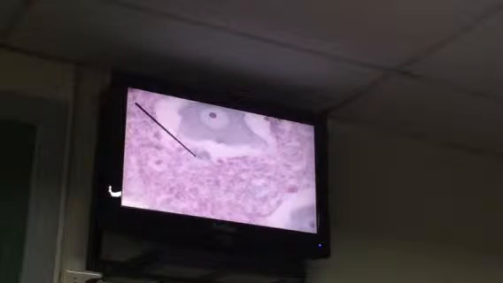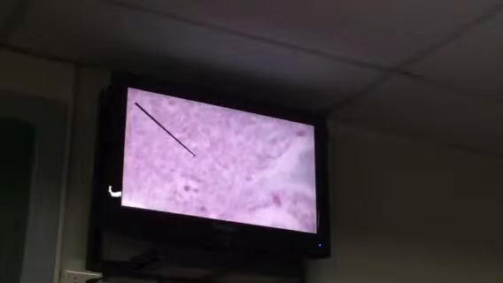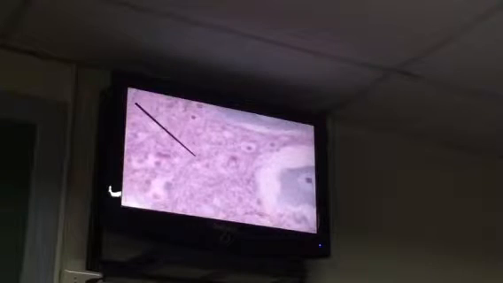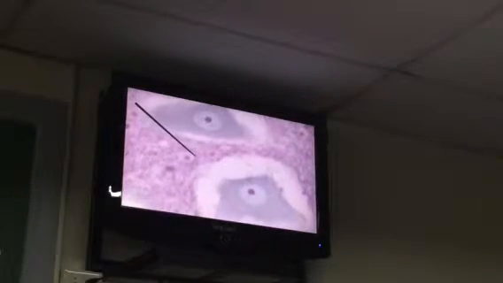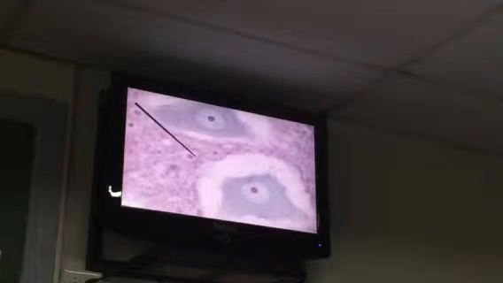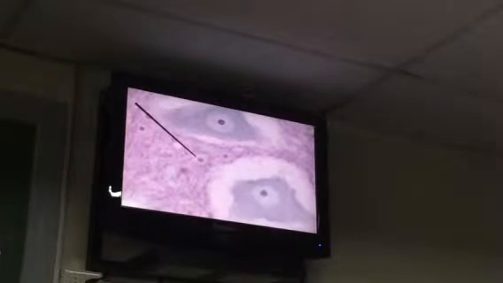If, on the other hand, you have a dark staining round nucleus, like this one over here, take note it's smaller than your astrocyte. This now represents your oligodendrocyte. So darker po, smaller, that is oligodendrocyte.